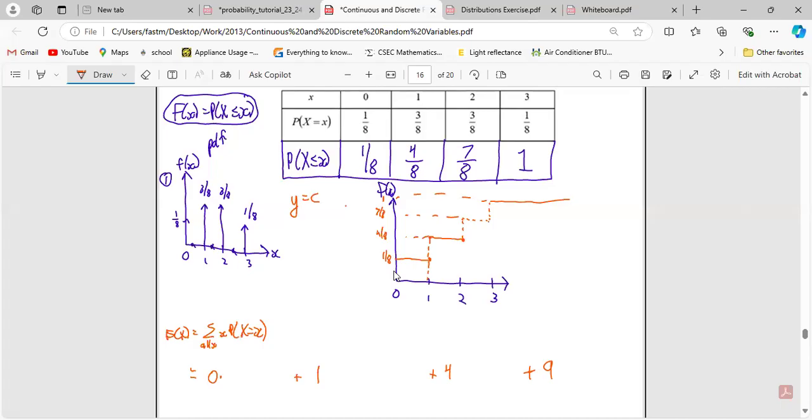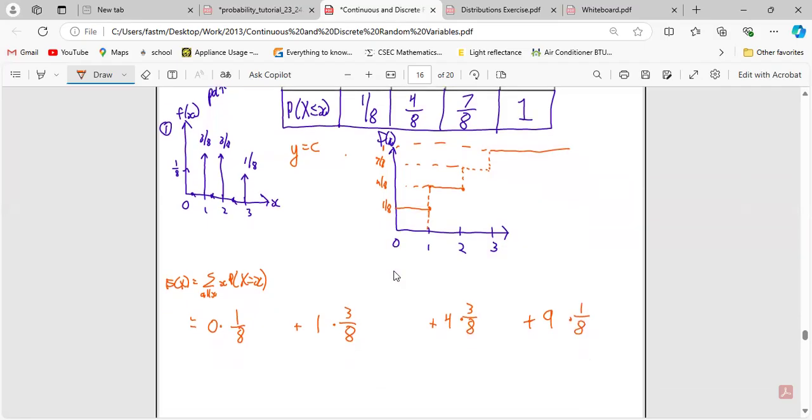So the next piece, you multiply by each respective probability. The 0 will be 1 on 8, the 1 will be 3 on 8, the 4, which is 2 squared, will be 3 on 8, and the 9, which was 3 squared, will be 1 on 8.